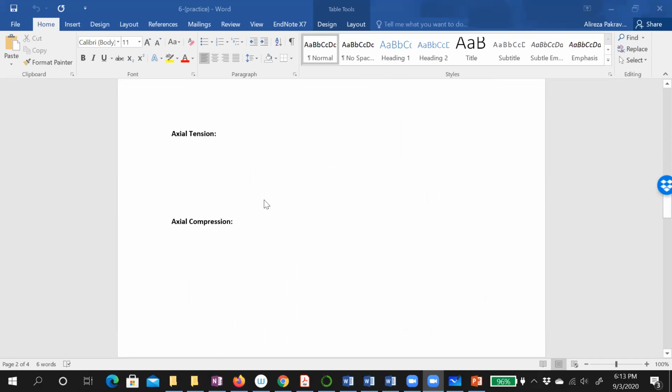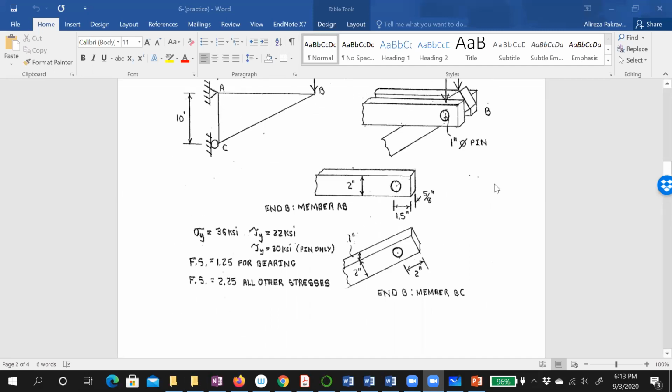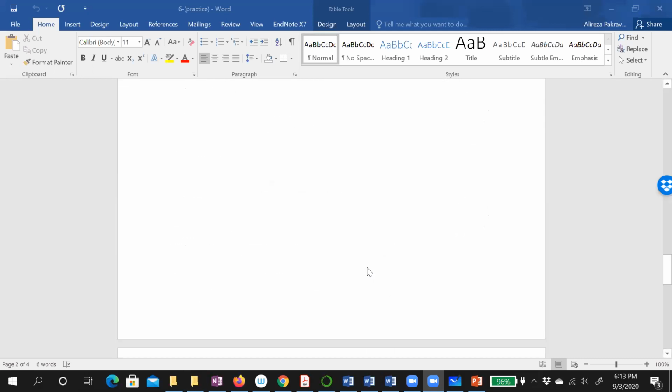Let's just solve this one. Find the axial stress in tension and in compression. Maybe shear is difficult if you want.